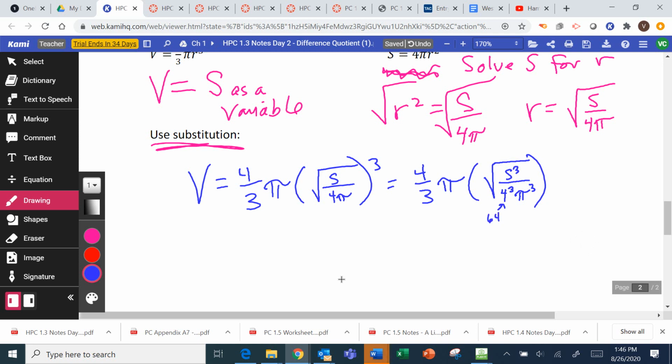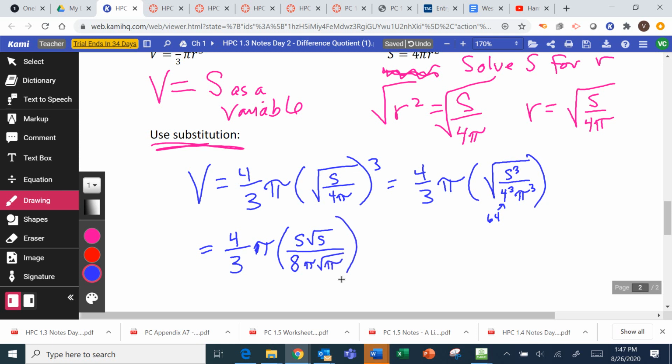Is 64 a perfect square? Yeah. So when I simplify that next, I'm going to get 4/3 pi. After simplifying the square root of s cubed, that's going to be s square root s. On the bottom, it will be 8, and then pi square root pi.